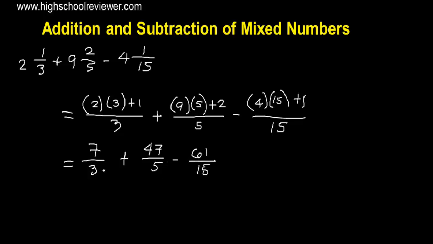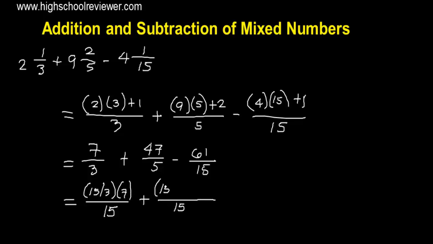Next, we need to add now the dissimilar fractions. But before we can add, we have first to find their lowest common denominator, or LCD, of 3, 5, and 15. Their LCD is 15. And then for the numerator, this will now be 15 divided by 3 multiplied by 7 plus, again, the denominator here is 15.